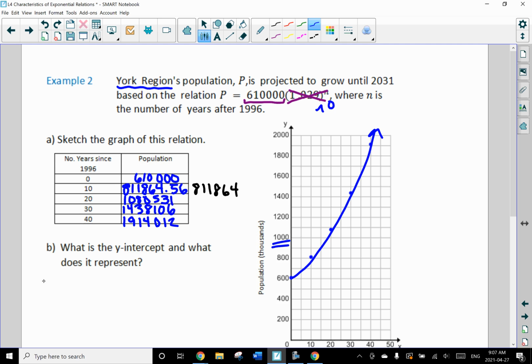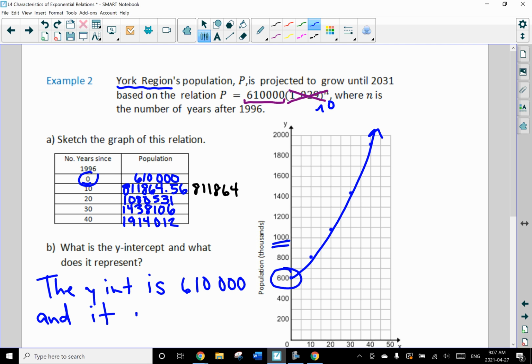The y-intercept is the initial value, which is our initial value when time is 0, and it is the initial population.